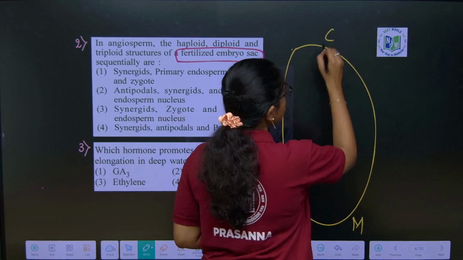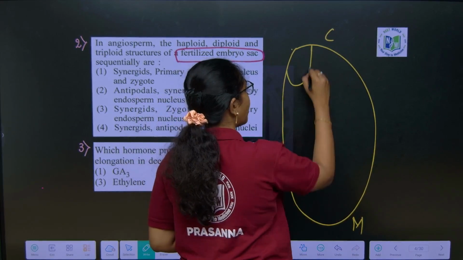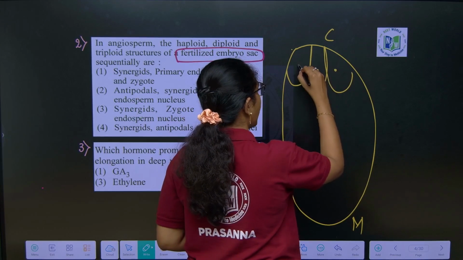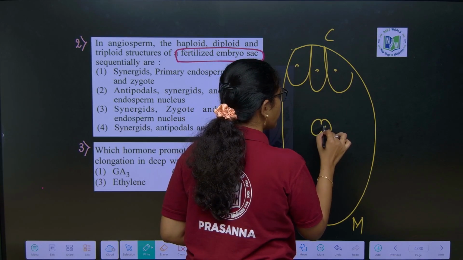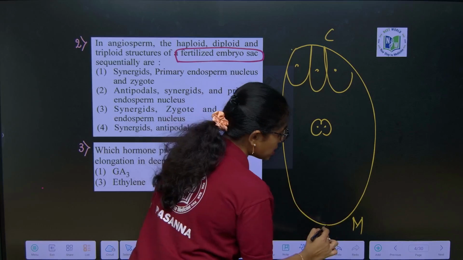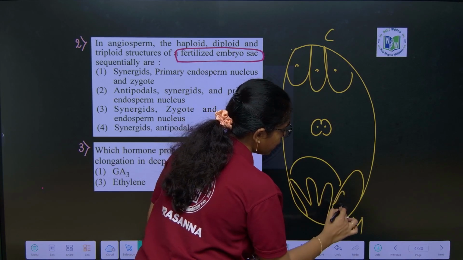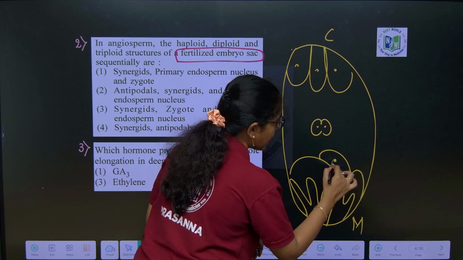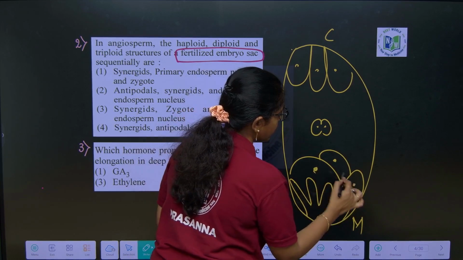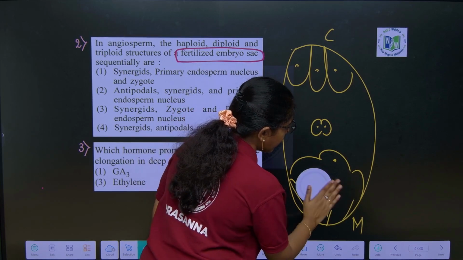Micropylar end and chalazal end. At chalazal end you have three antipodals and at the center you have polar nuclei, or you will call it as a central cell. Towards the micropyle you have synergids with filiform apparatus and an egg cell.